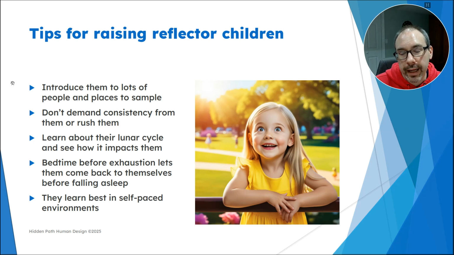So each day you can make notes on your child, like, oh, they were this way in the morning, they were that way in the evening. And by learning about their cycle, if you have an upcoming event on a certain day and you know that they don't do well on that day, you might avoid going on that day altogether, or just expect that, okay, well, they're going to be like this today, and I love and accept them as they are.